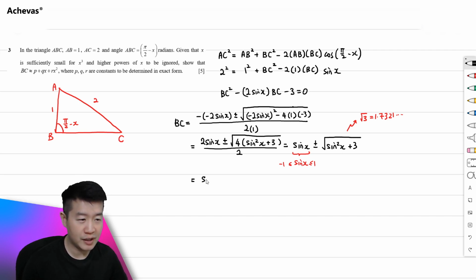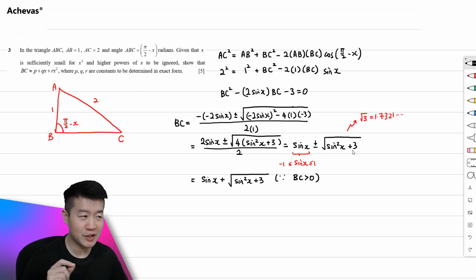So I'm going to write it as sine x plus the square root of sine squared x plus 3. This is because I want to maintain BC as a positive number. In case some of you missed what I've just said, sine x is between minus 1 and 1.